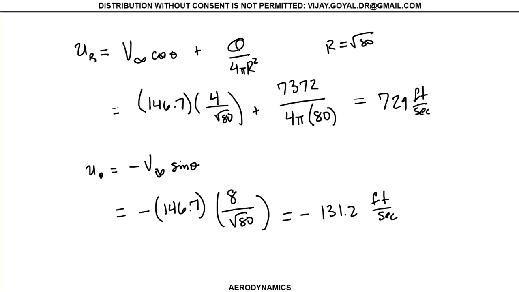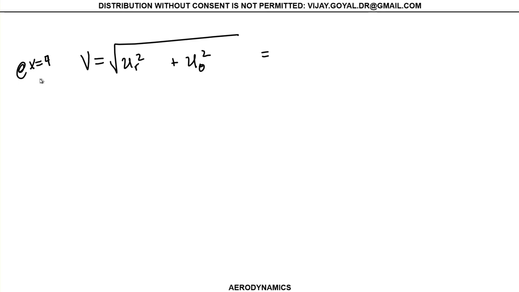Okay, so my total velocity then is nothing else than the square root of U_r squared plus U_theta squared. Remember, this is at x equal to 4, y equal to 8. That's the point we are evaluating. Okay.